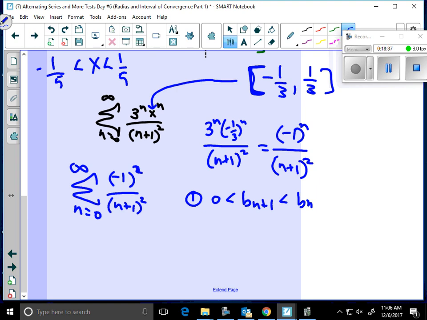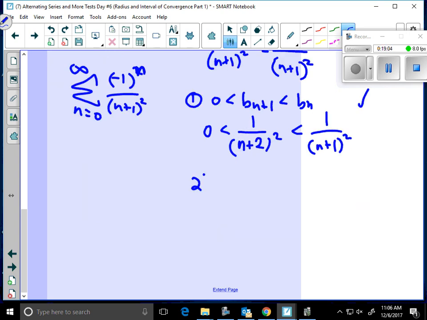This shouldn't be a squared, that should be an n. So what would B sub n be? B sub n plus 1 would be 1 over n plus 2 quantity squared. Would that be less than 1 over n plus 1 quantity squared? Yes, because the denominator would be greater in all cases because n is always positive. So we could check off the first thing.